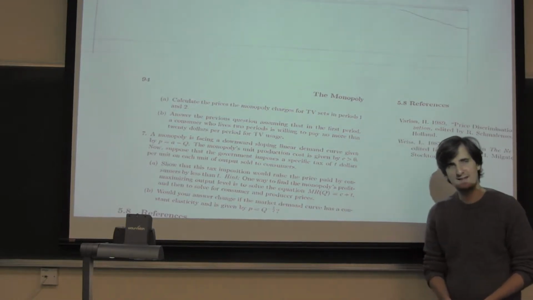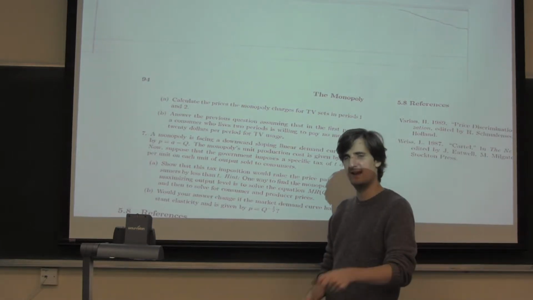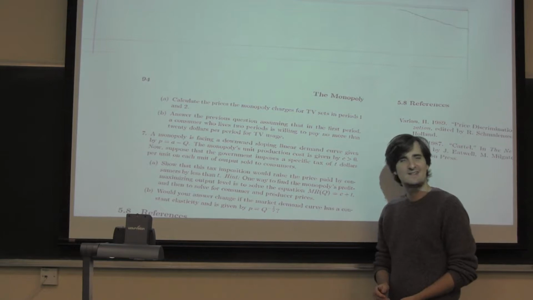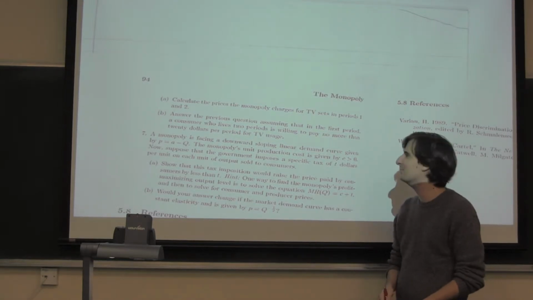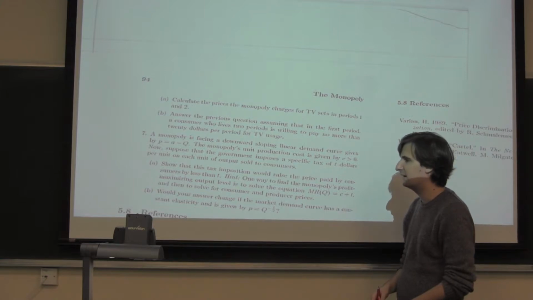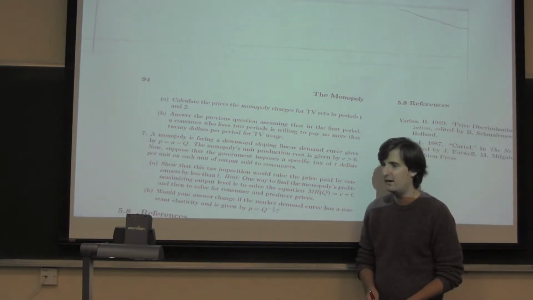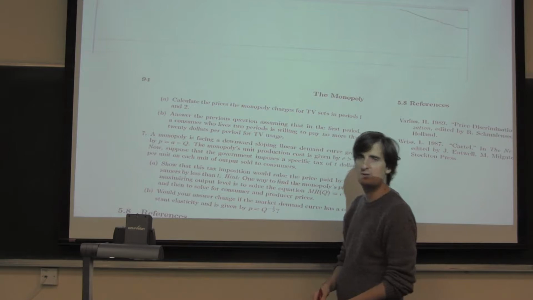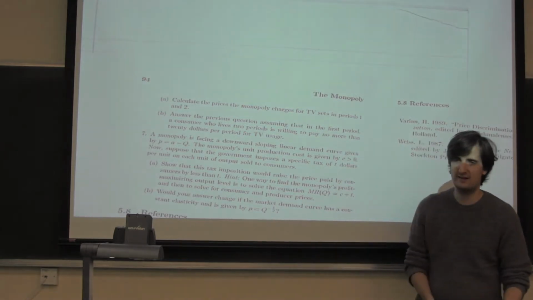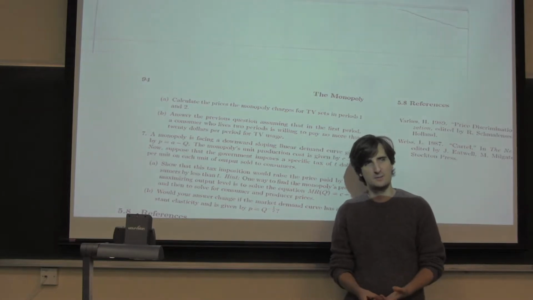Okay, so let's solve the game first without resale and then with resale. So without resale, in the second period the monopolist has a choice between getting 100 by selling to the two period 2 consumers, or 60 by selling to all 3 consumers.